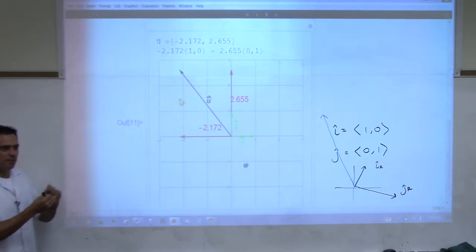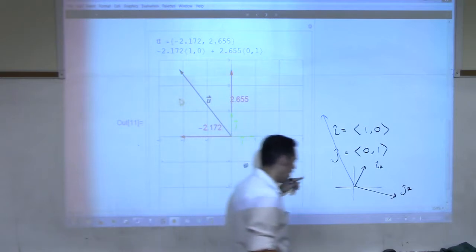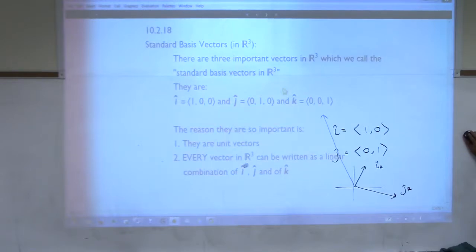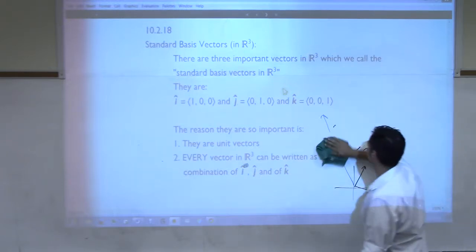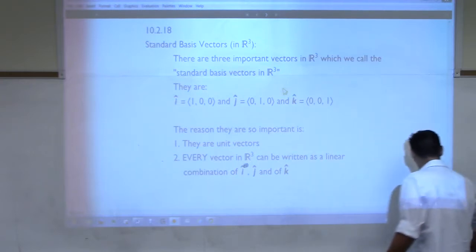They create the space, they're orthogonal, and they have a length of 1. i, j, k in three-dimensional space is exactly the same. Plus, I just like saying orthonormal basis. That's just something you don't get to say every day, right? They form an orthonormal basis for the space.